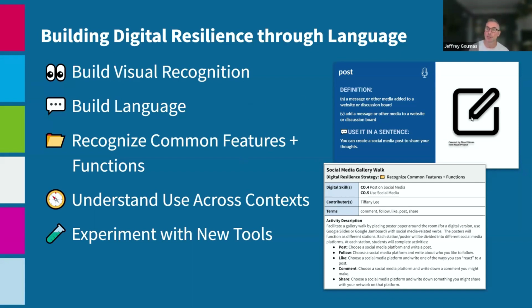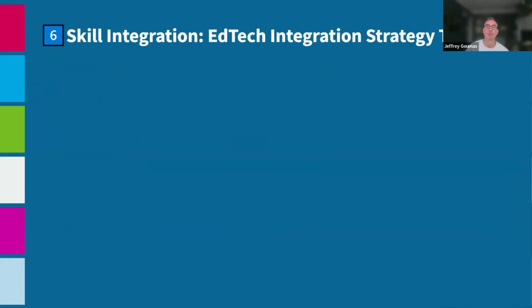Whether that's understanding what this icon means or what post means, and understanding that that's a common feature across multiple things, like posting the message on Facebook and that video at the start, or building that visual recognition of icons and understanding that if you see this, this is what that means, because the icon is a ubiquitous way of communicating these terms that might not be normally used in our everyday language.